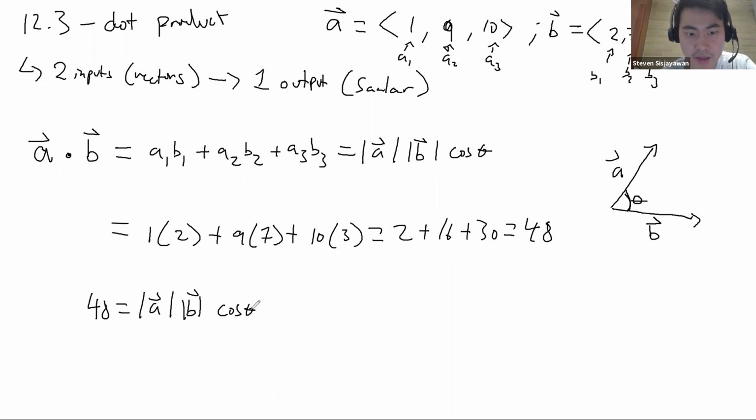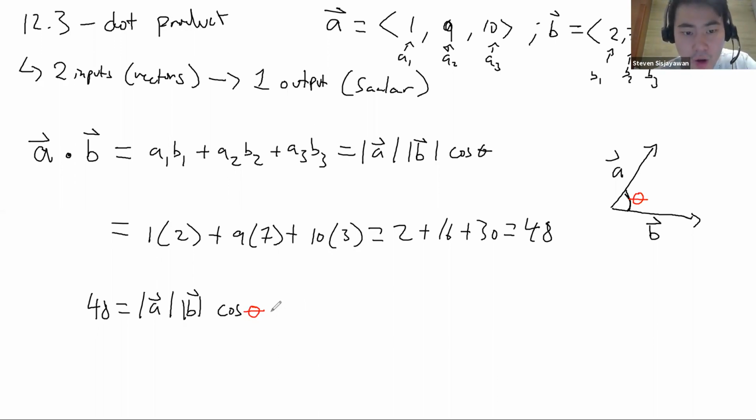And this theta represents the angle between the two vectors. I'll use red for theta. Cos theta right there.